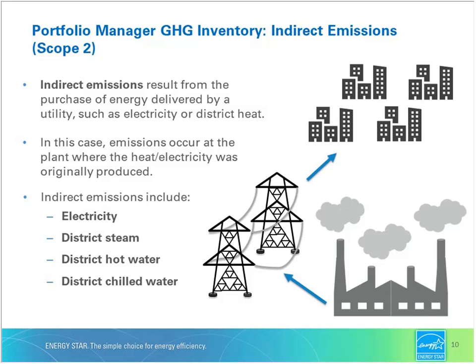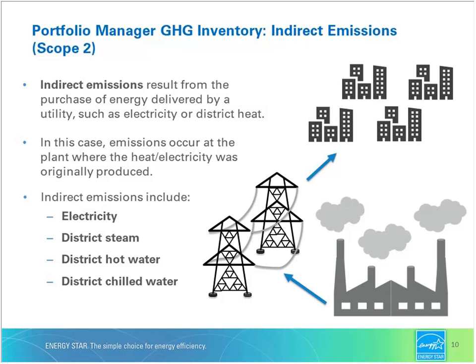One thing that is different from the direct fuels, however, is the way in which emissions factors are applied. So for district sources, there are nationwide emissions factors that are applied. For electricity, however, the emissions factor that gets applied is based on what region your building falls in.